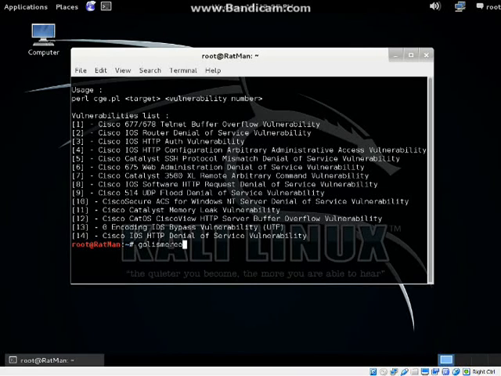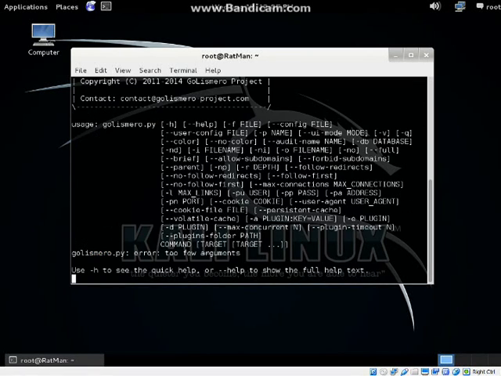Goldie's Marrow. Like I was talking about Goldie's Marrow. Cisco Catalyst memory leak vulnerability. This is a pretty awesome operating system. Well, it's Linux, I'm guessing it's its own operating system, but it's Linux with hacking tools.